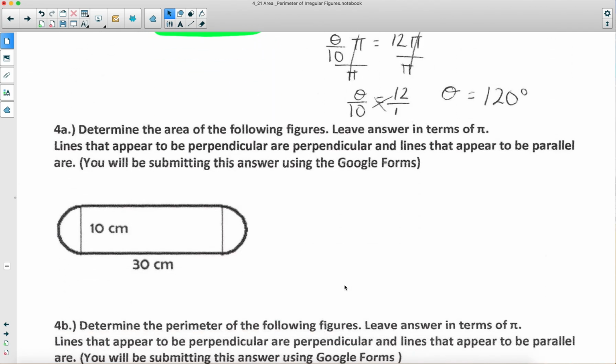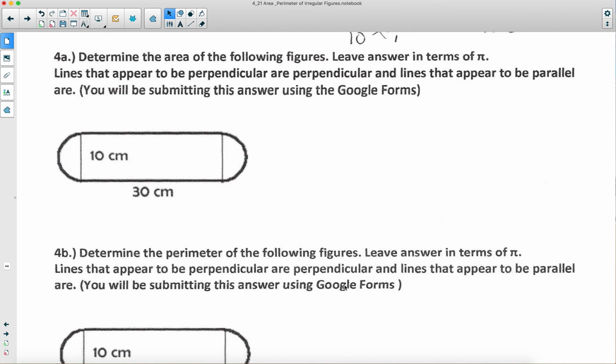Okay. Number 4, there's 2 parts, A and B. It's the same diagram. So for A, you're looking to find the area, and for B, you're looking to find the perimeter. This little sentence here basically just says that you can assume, it's good to assume here, that this shape in the middle is a rectangle, and then you have your 2 semicircles on the side.